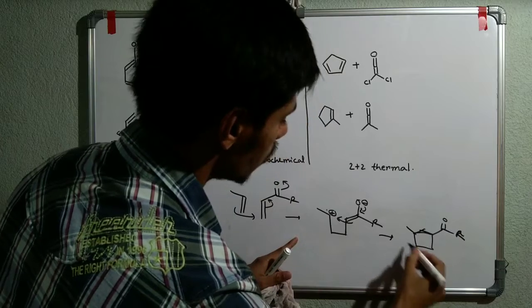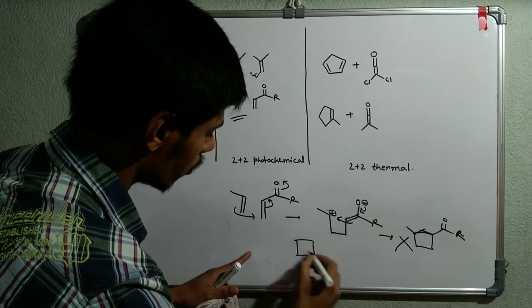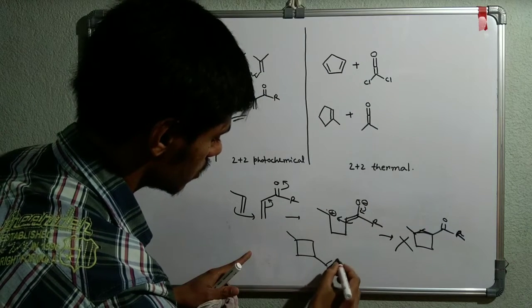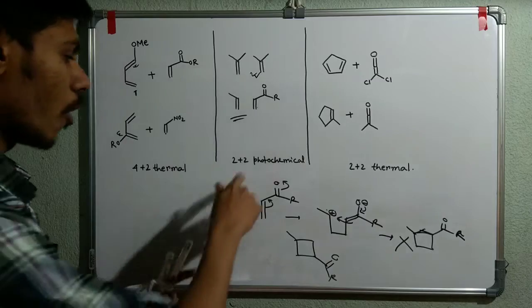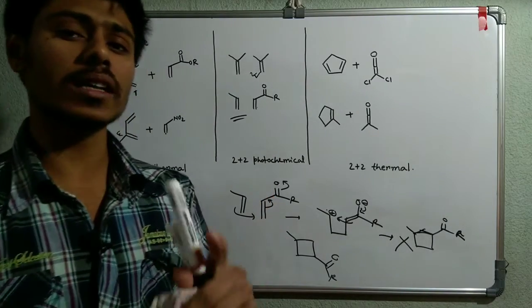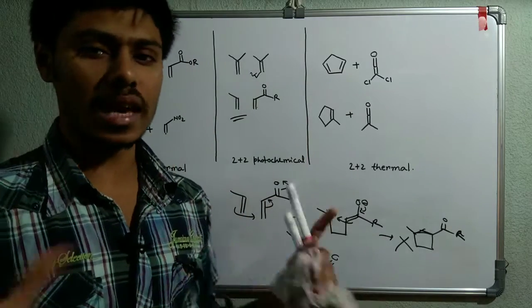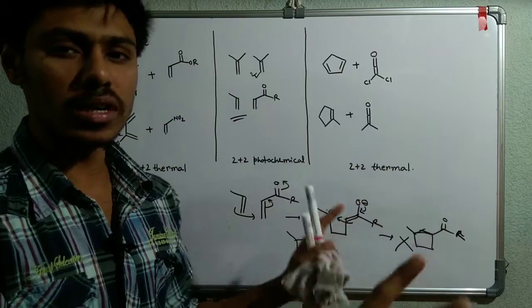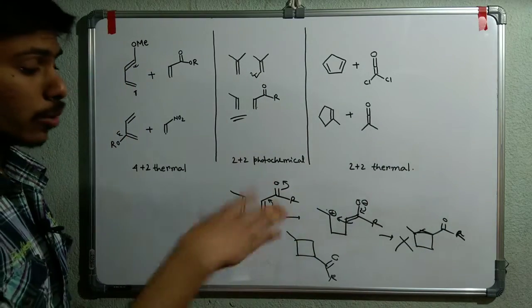but we have seen we don't get this product, we get the different product, that is these two are on different sides. So now what you have to remember is that for the photochemical case you have to do the reverse of what you have done for the thermal case. So for the thermal case you thought the reaction is ionic and accordingly you did the reaction, but in photochemical case you have to do the reverse.